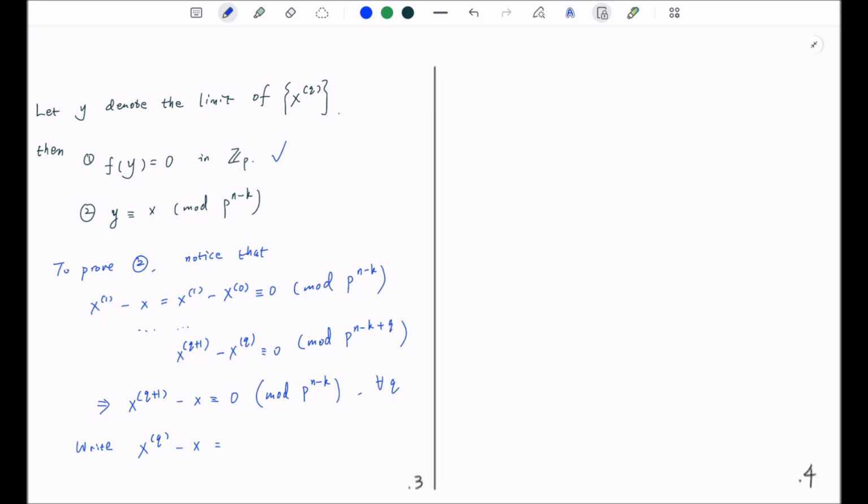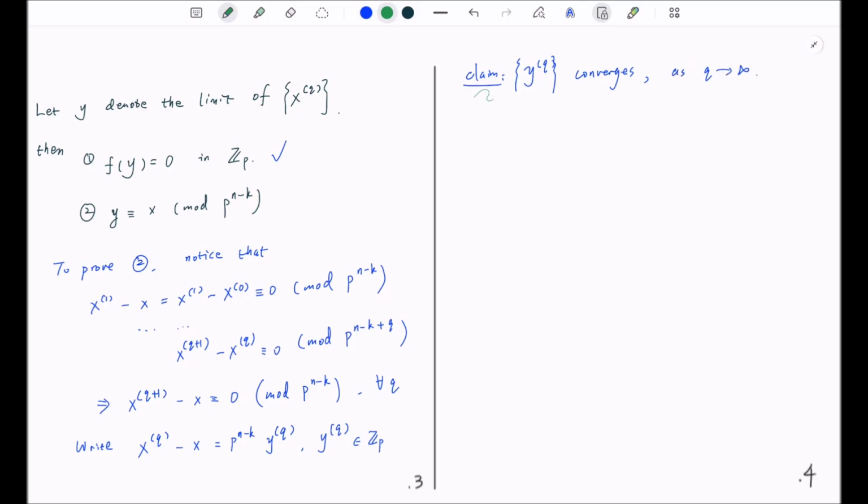We write this difference as p to the power n minus k times y superscript q, where y superscript q is in Zp. And we make the following claim. We claim that y q converges as q goes to infinity.